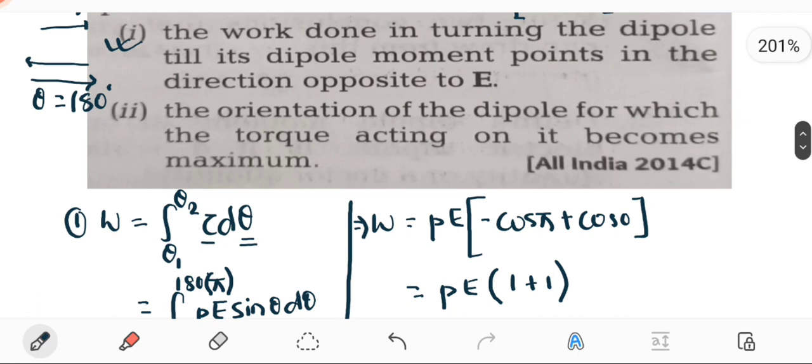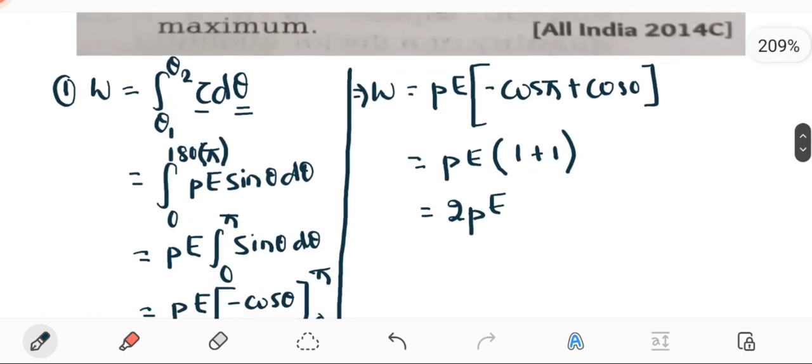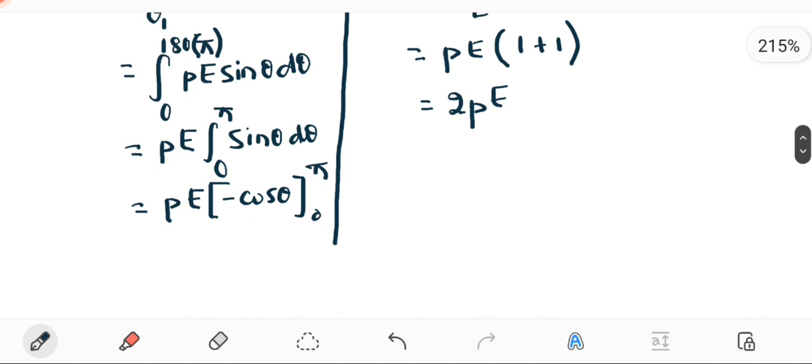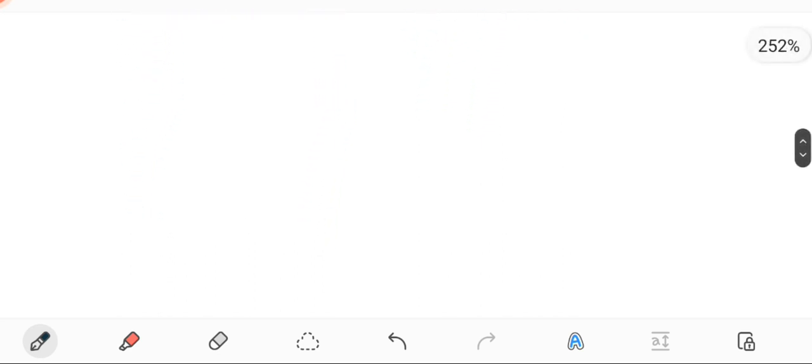The orientation of the dipole for which the torque acting on it becomes maximum. For it to become maximum, we have to find the value of theta for which sine theta is maximum, and that should be equal to pi by 2, that is 90 degree. So let's solve the second part now.